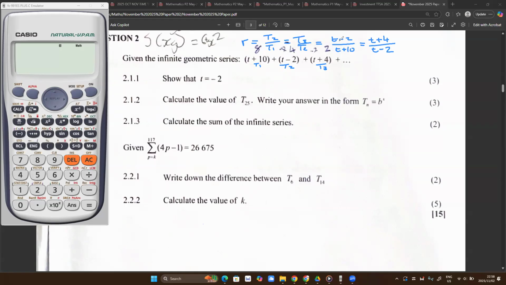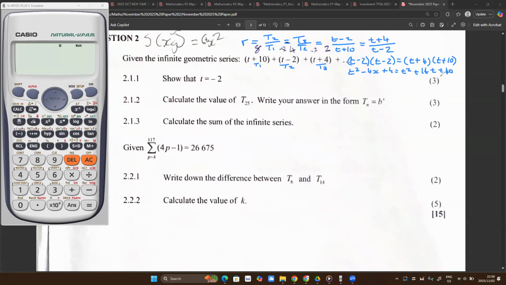So we're going to cross multiply. So we're going to say (t minus 2) times (t minus 2) is equal to (t plus 4) multiplied by (t plus 10), and so we get t squared minus 4t plus 4 is equal to t squared plus 14t plus 40.